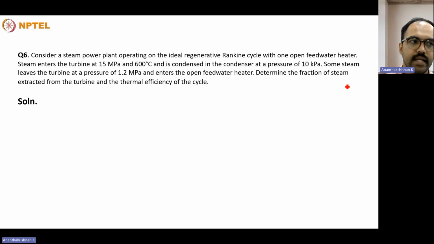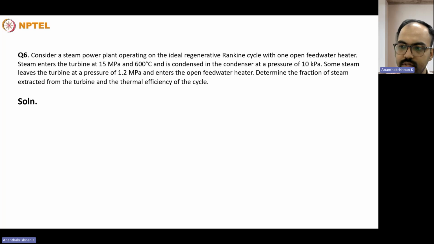So we need to consider a steam power plant that operates on an ideal regenerative Rankine cycle, and it has an open feed water heater. Steam enters the turbine at 15 megapascal, 600 degrees Celsius, and is condensed in the condenser at 10 kilopascal.